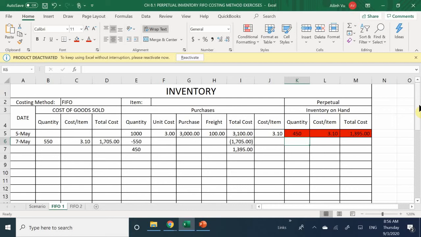Okay, but again, that's only if you're using Excel, because Excel can hold the formulas and it can hold the information for you, and you can easily go press your backspace. But if you're writing things down, that's where it's going to get a little tricky. Okay. So, okay, so what happened next?